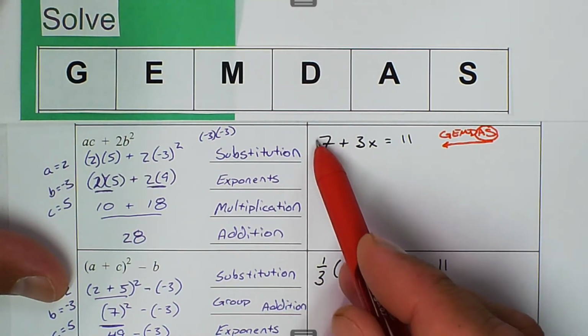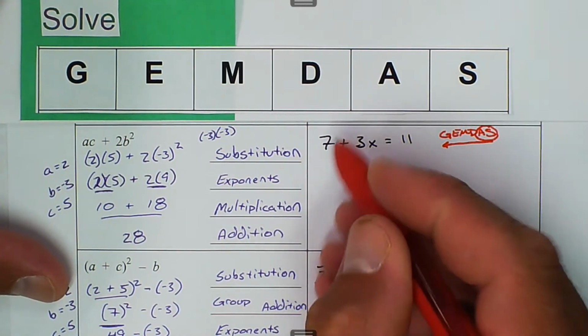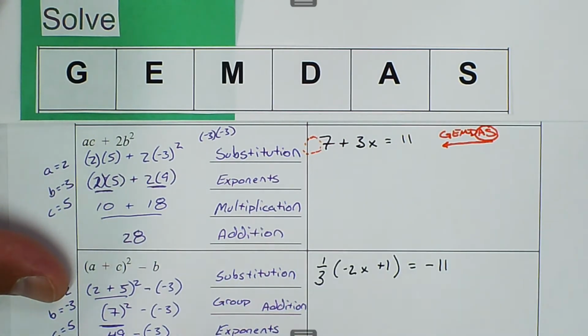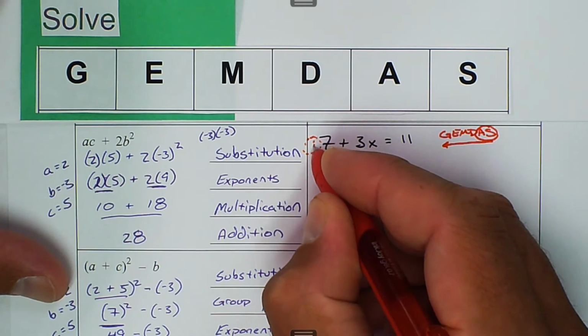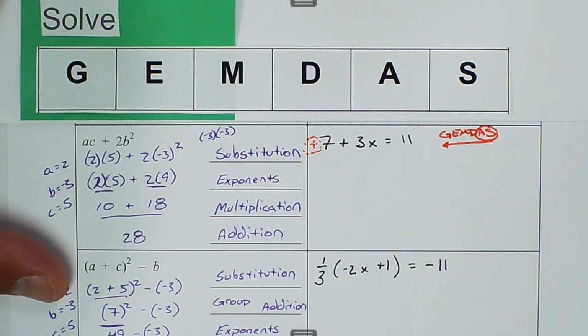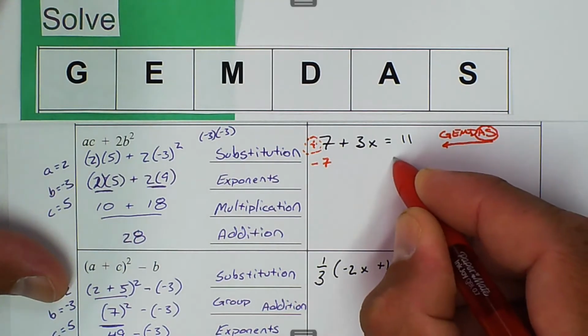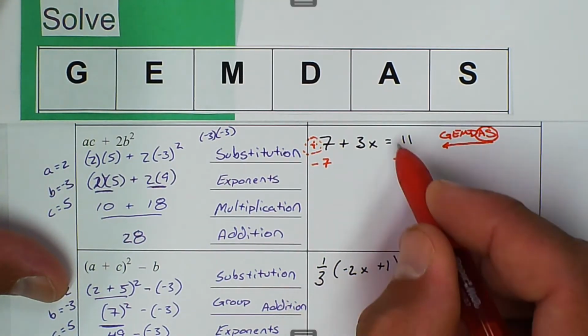Here I have a 7, but what operation is in front of the 7? If there's nothing written there, then it's understood that it is a positive value. So in order to get rid of a positive value, we have to subtract. Our inverse operation of addition is subtract 7.